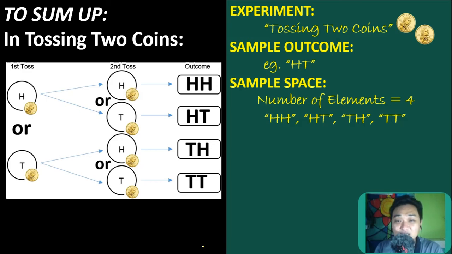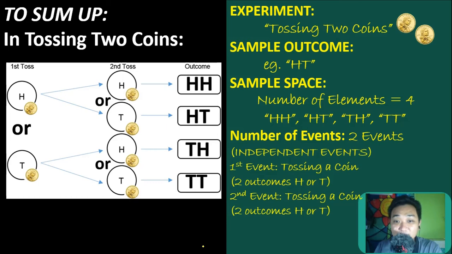All in all, we have 4 elements in our sample space. And the number of events in our experiment, we have 2 events. That is, tossing our first coin na merong dalawang outcome, head or tail, and then tossing our second coin na meron ding dalawang outcome, head or tail.